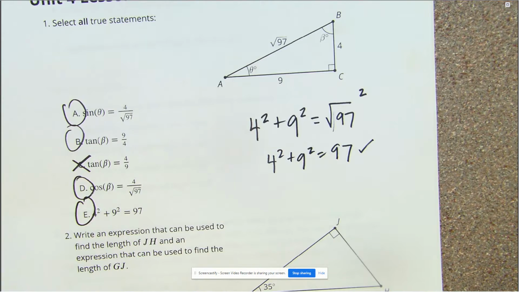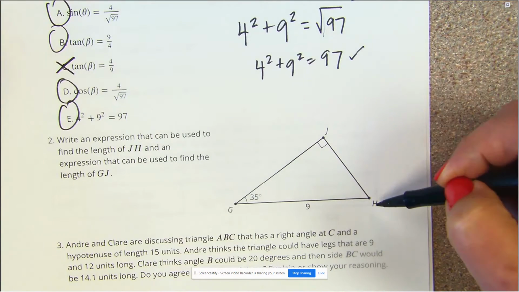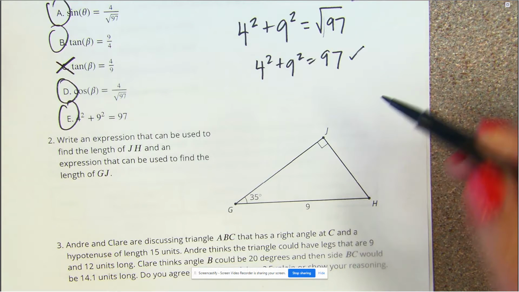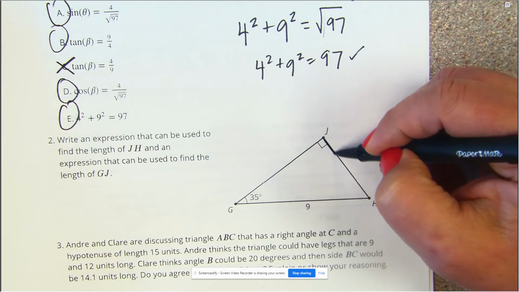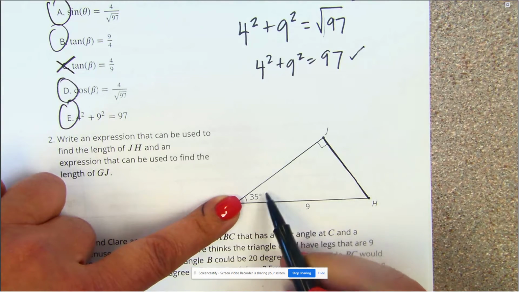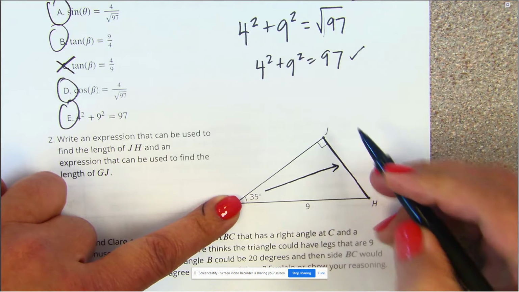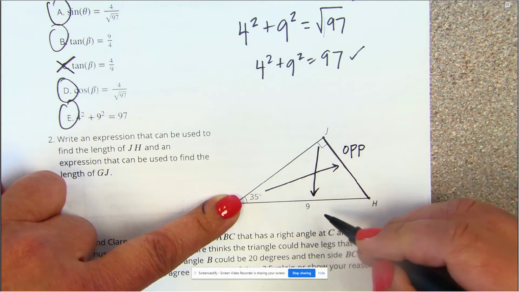Number 2, write an expression that can be used to find the length of JH, and then write one that can be used to find GJ. So let's start with this one. Let's use 35 because that's the one they gave me. That's the opposite, and they gave me the hypotenuse.